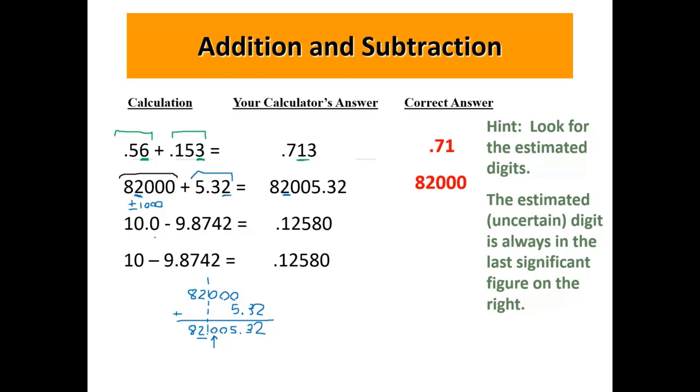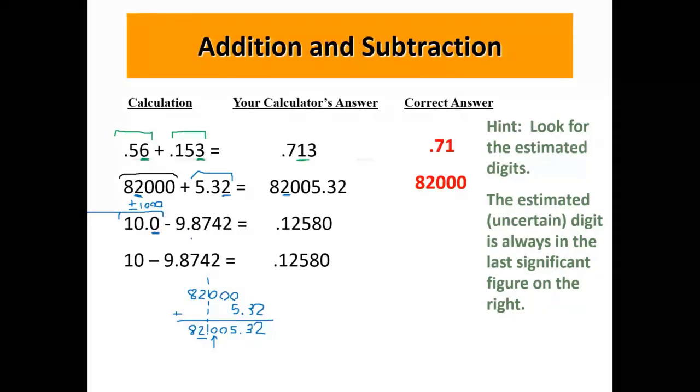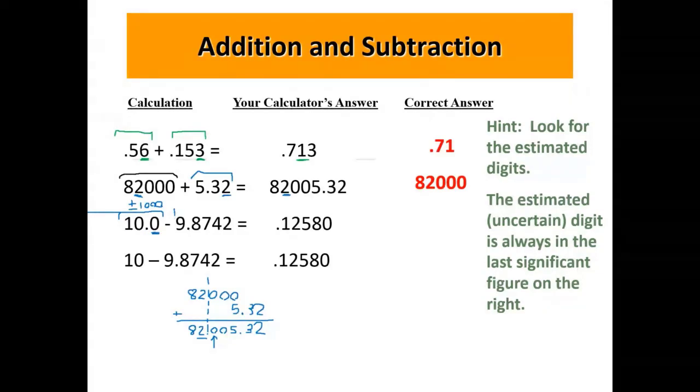What's the last significant figure in the first number? In this number, 10.0, where's the last significant figure? The 0. Very good. Tens place. Where's the last significant figure in the second number?